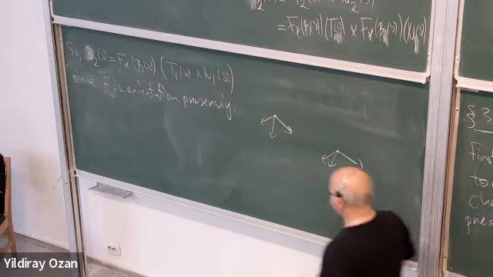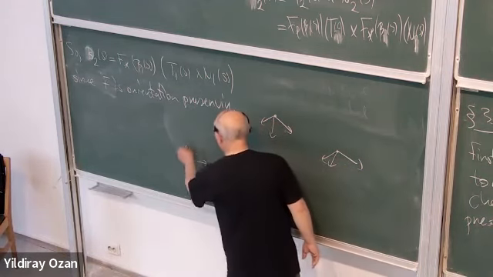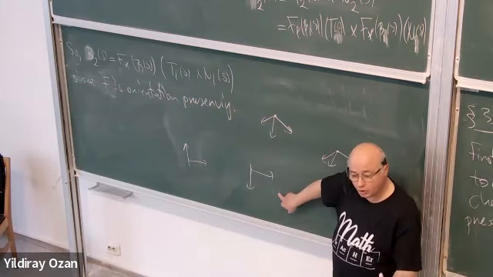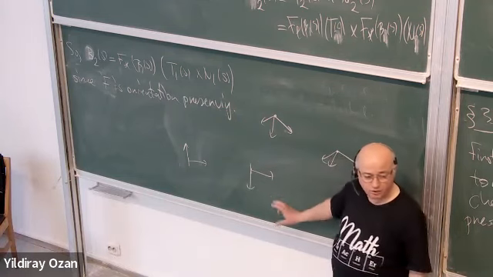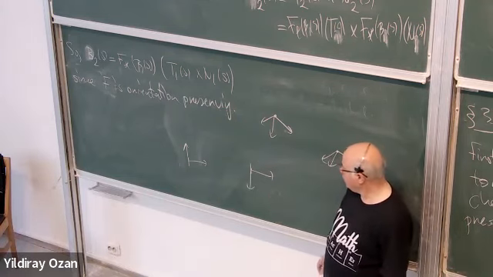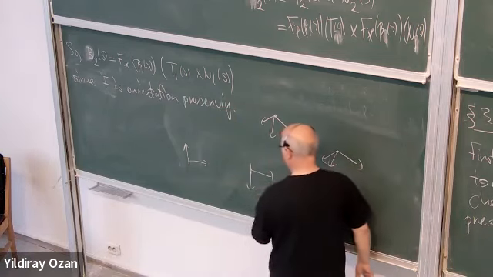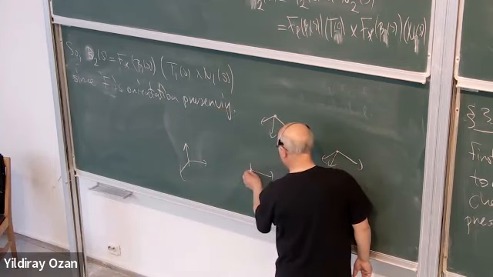Suppose it maps this vector to this vector and this vector to this vector. This is an orthogonal map, but it is not orientation preserving. Then the cross product of these two will be something like this, and this one will be something like this.